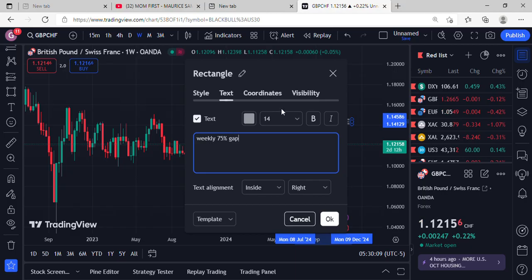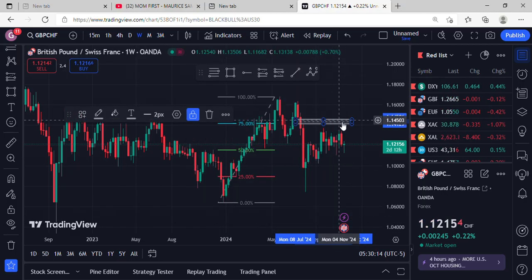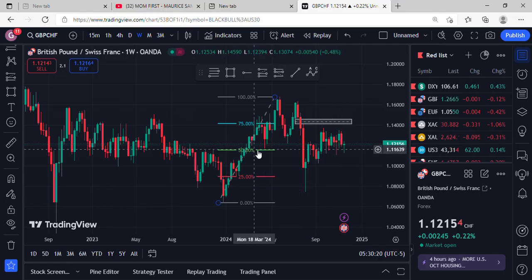Sorry, the 10 minutes gap. Yeah, 10 minutes gap. That is it. Which is also the 10 minutes gap. Okay. And then we have this gap at the 50%.